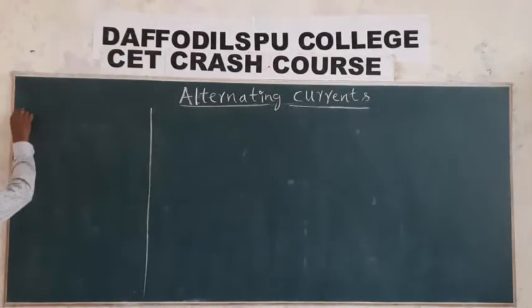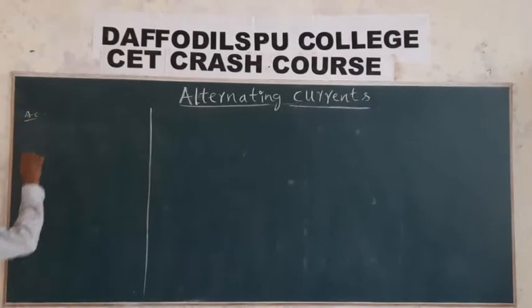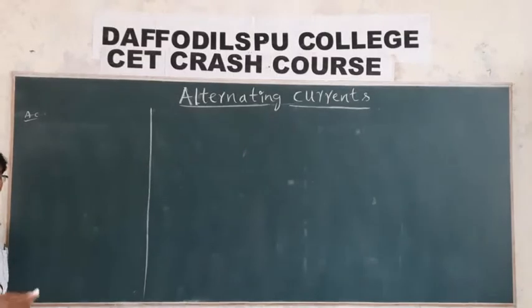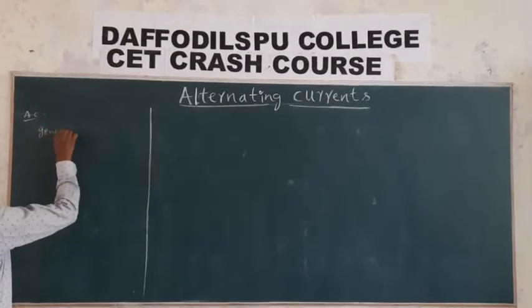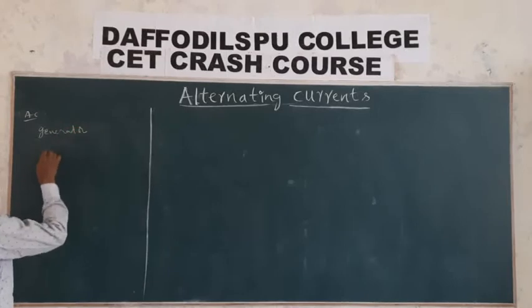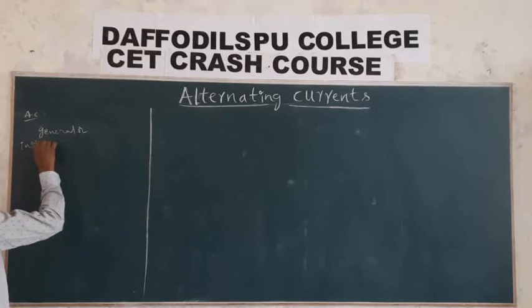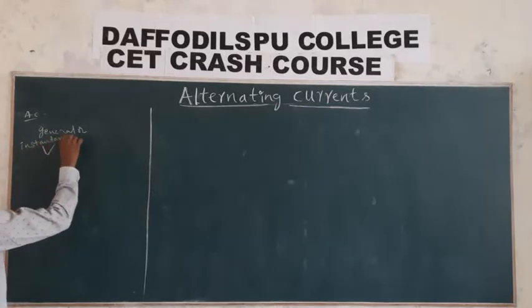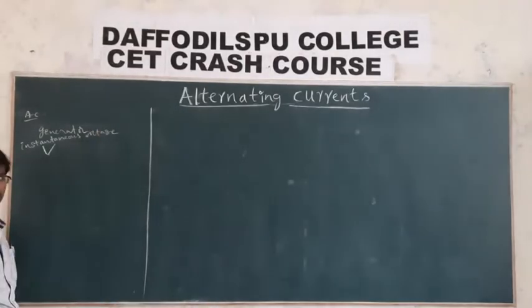We have alternating currents, AC voltage or AC current. Remember, in a generator, whatever we produce, instantaneous voltage means voltage at that instant.